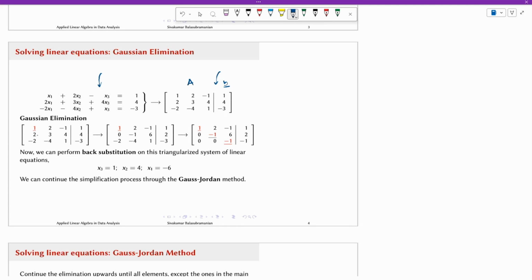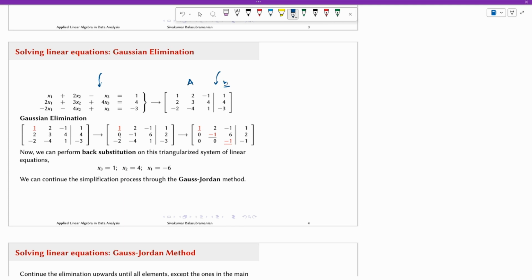So to make this element 0, if I subtract 2 times the first equation from the second equation, I can make this 0. We're not worried about any other element in that row. We're only interested in the element right below the pivot. So if you take 2 times the first equation and subtract it from the second equation, what will you get?